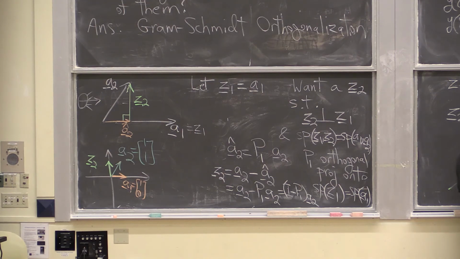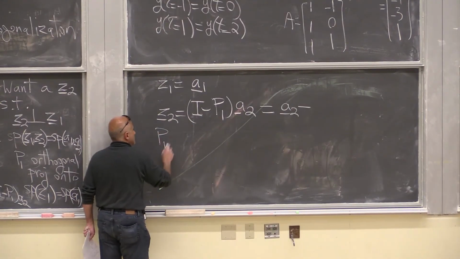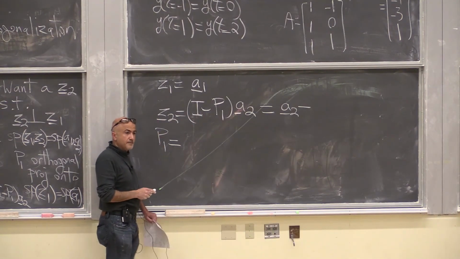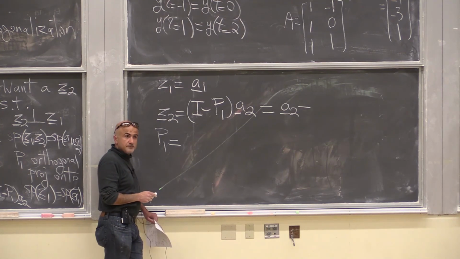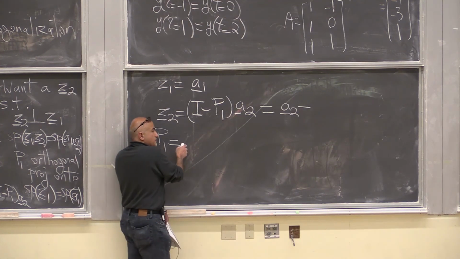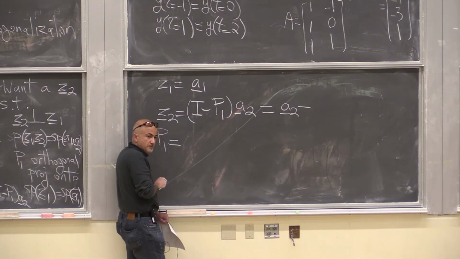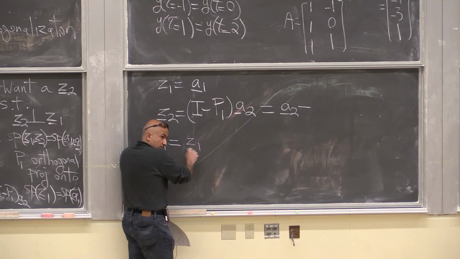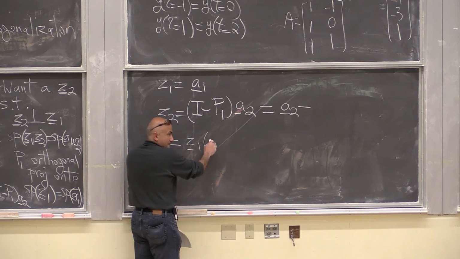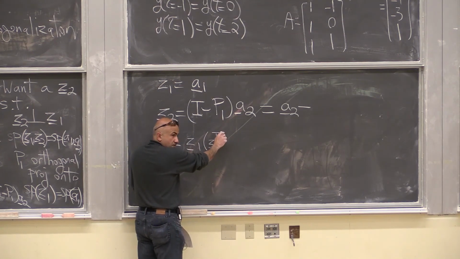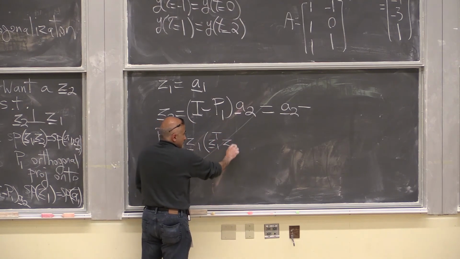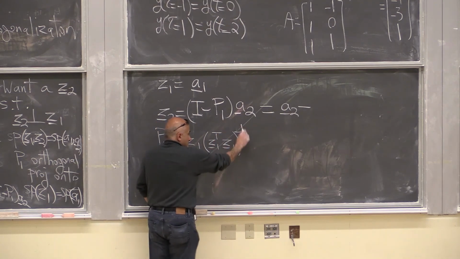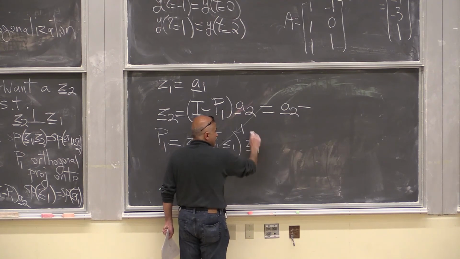Now what is P1? Can somebody tell me? This is a2 minus, what's P1? What's the matrix that projects onto the direction z1? z1 (z1 transpose z1) inverse times z1 transpose.